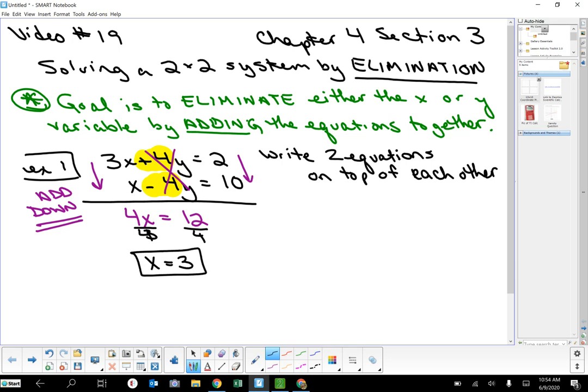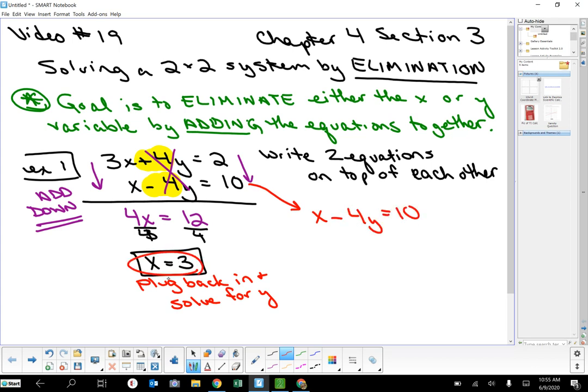Okay, and just like we did with substitution, you're going to plug this back in and solve for y, or x if you solve for y the first time. Make sure that you plug into an original equation. So I'm going to take this guy. I'm going to go x minus 4y equals 10.